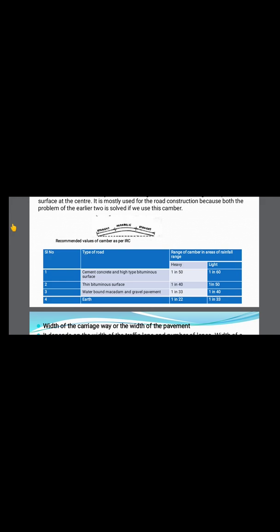Similarly, this is for a cement concrete type of road or a bituminous type of road. Now when the type of road is a thin bituminous surface, the camber for heavy rainfall is 1 in 40, and for light rainfall it is 1 in 50. 1 in 40 means it is much more compared to the previous one: 1 vertical for 40 horizontal.